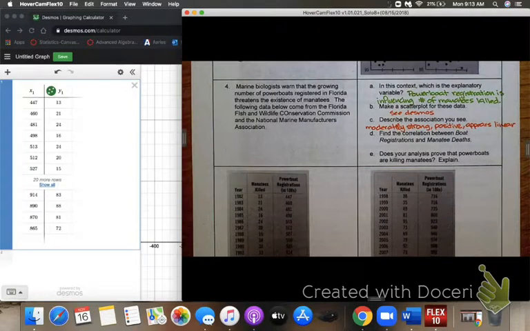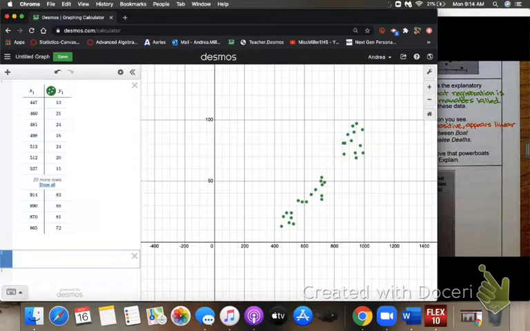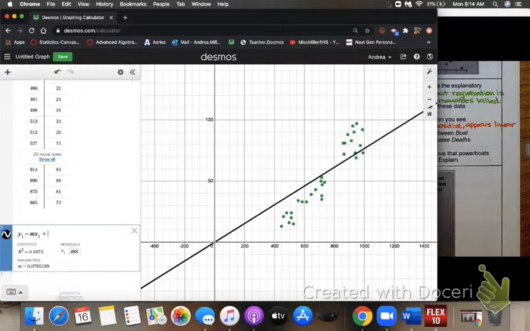Next it says find the correlation between boat registrations and manatee deaths. So we're going to go back to Desmos to do that. In Desmos, we're going to enter on the next line y1 tilde m x1 plus b.